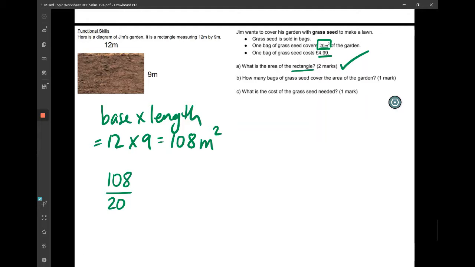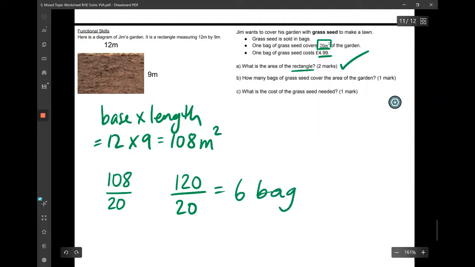Now, we're only going to be able to use whole bags here. You can't buy parts of bags, so we can actually just round that up to 120 divided by 20, or you can round it down and then add another bag. So 120 divided by 20 gives you 6 bags, he will have some left over in his bag.